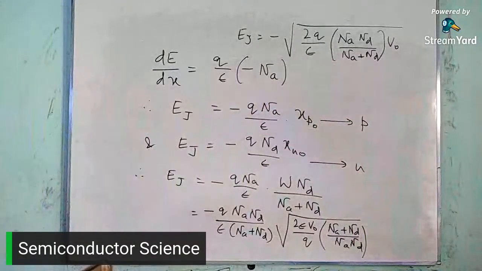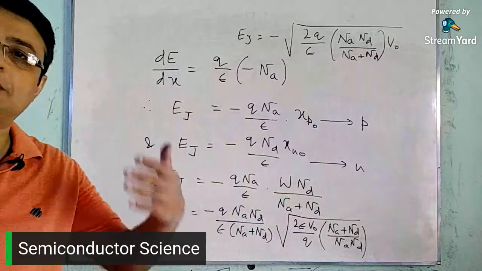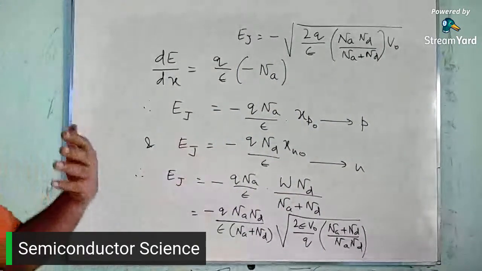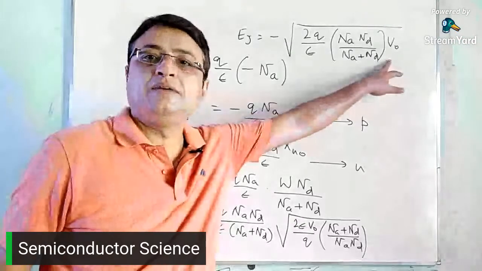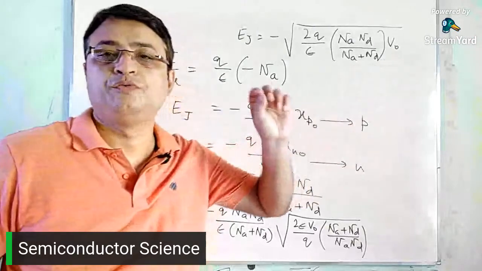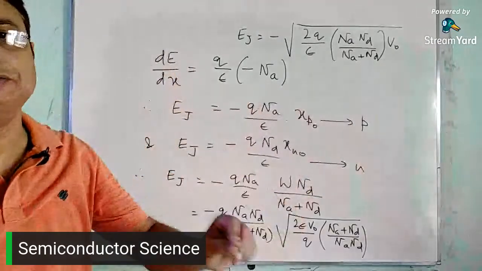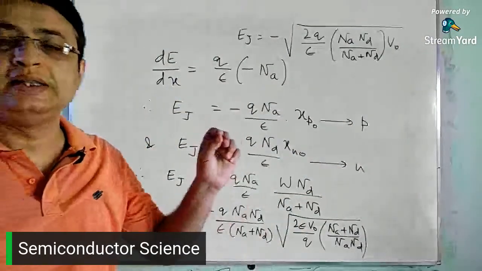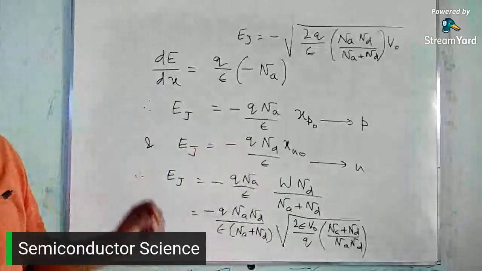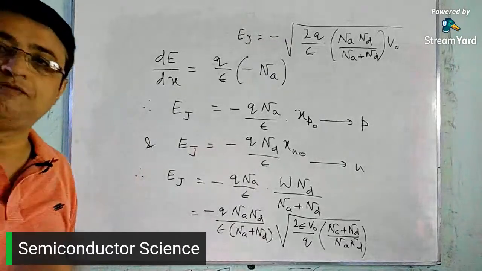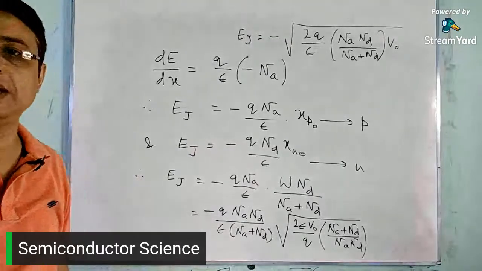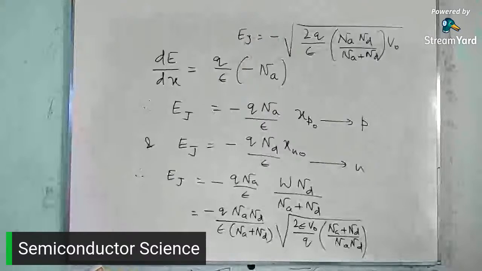Now, when we apply the forward bias, in the forward bias case V0 should change to V0 minus VF. So in the forward bias mode, the value of V0 should be replaced by V0 minus VF.